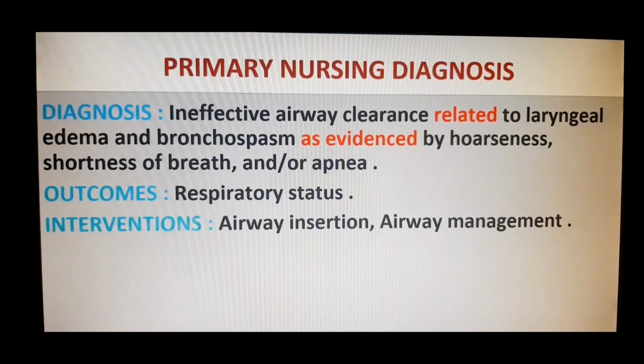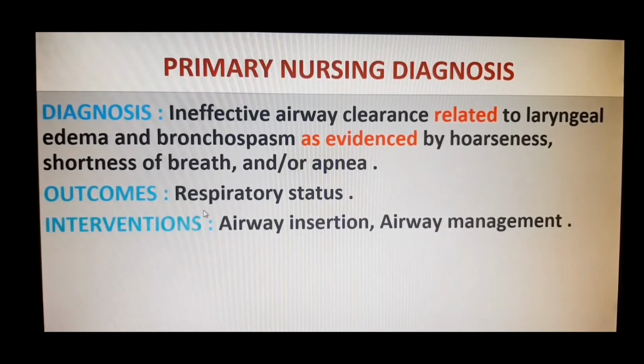Primary nursing diagnosis. So we talked about assessment, and the next step is diagnosis. The diagnosis is often ineffective airway clearance related to laryngeal edema and bronchospasm, as evidenced by hoarseness, shortness of breath, and/or apnea.